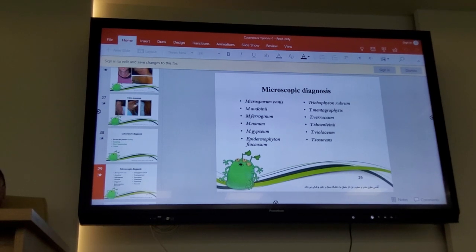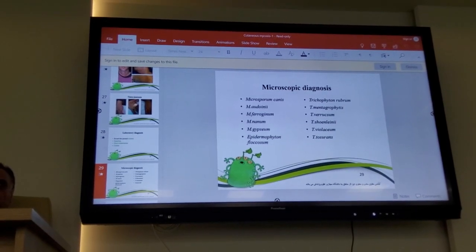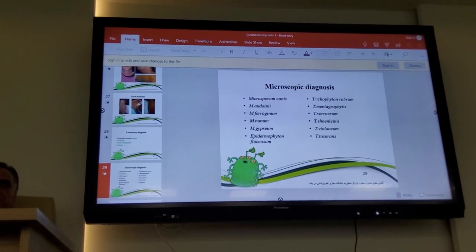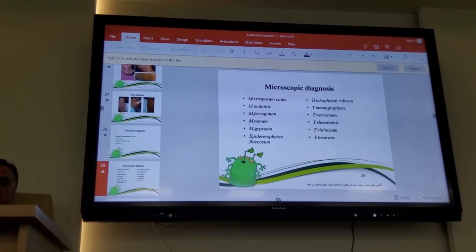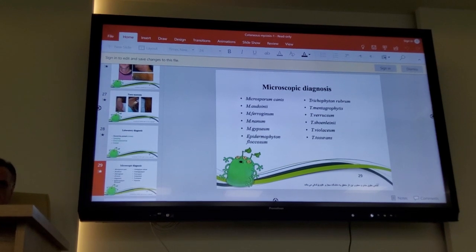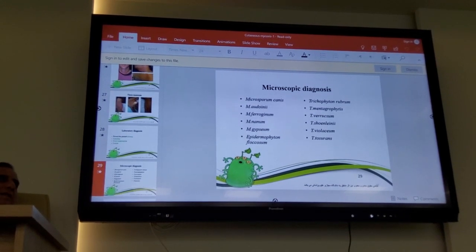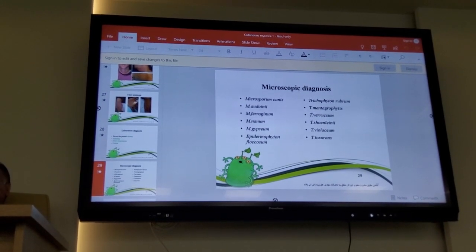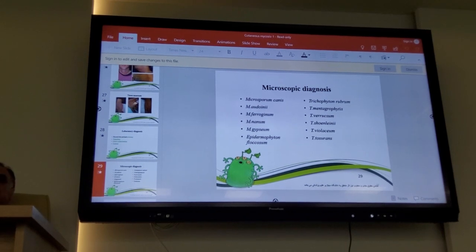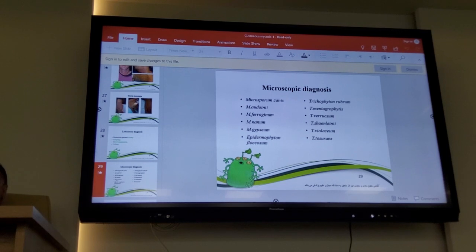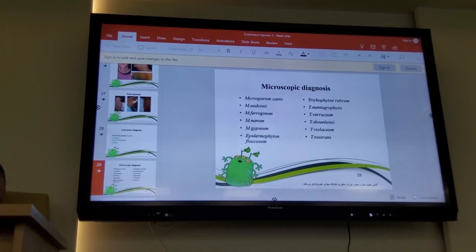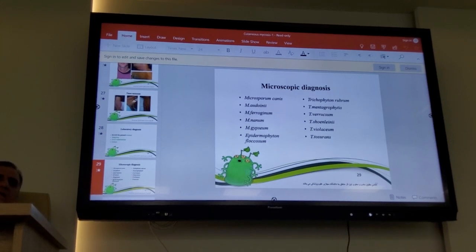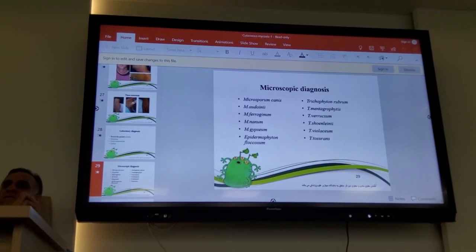If we find the source of dermatophyte, or rather, is it important to detect the source of dermatophyte? Why must we find the source of infection?